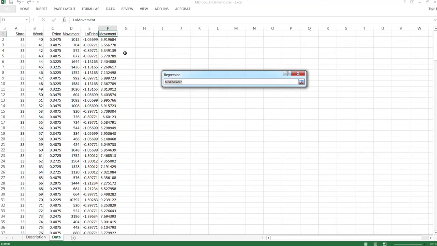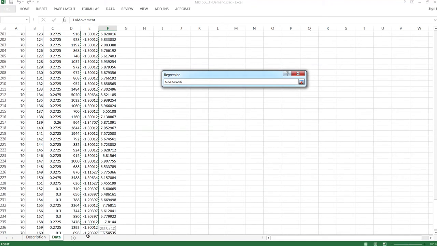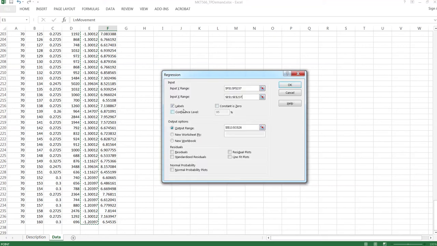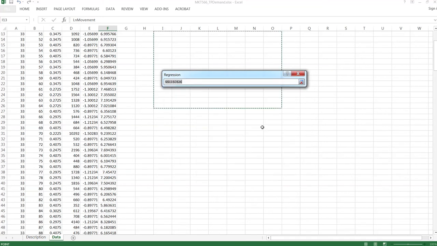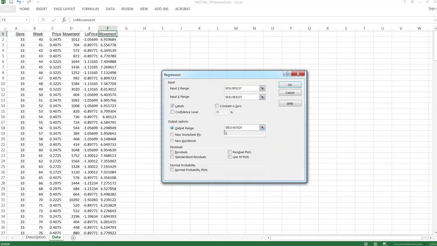For the X range, you'll enter log price, because that's your X variable, your independent variable. Include labels here because we've highlighted the column label, the variable label. And I'm going to put the output here on the same page as indicated in output range.